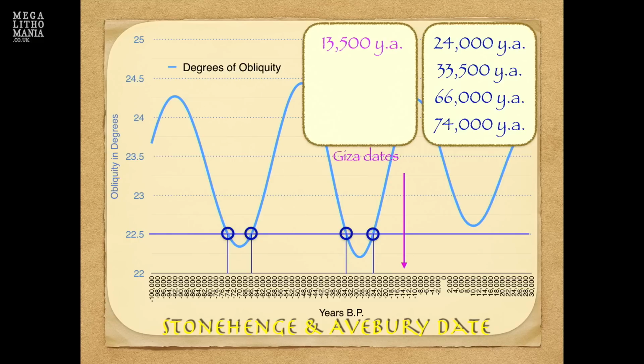But, there's always a but, we don't have to stick with just the first part of the sine wave for the precession of Giza. It's a sine wave. It continues ad infinitum, going back into the past every 26,000 years. And so we could, if we wanted to, look at the previous dates that might come out of Giza.